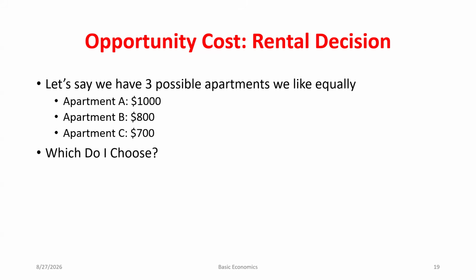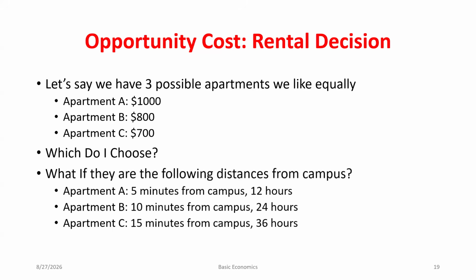What have I not factored in is that what if each one of these apartments is a different number of minutes away from campus, further walks? Well, if I'm further from campus, I have to give up more time. If my time is valuable, I can do other things with it. As I have to use more time to live in this apartment, the opportunity cost is going to be higher.